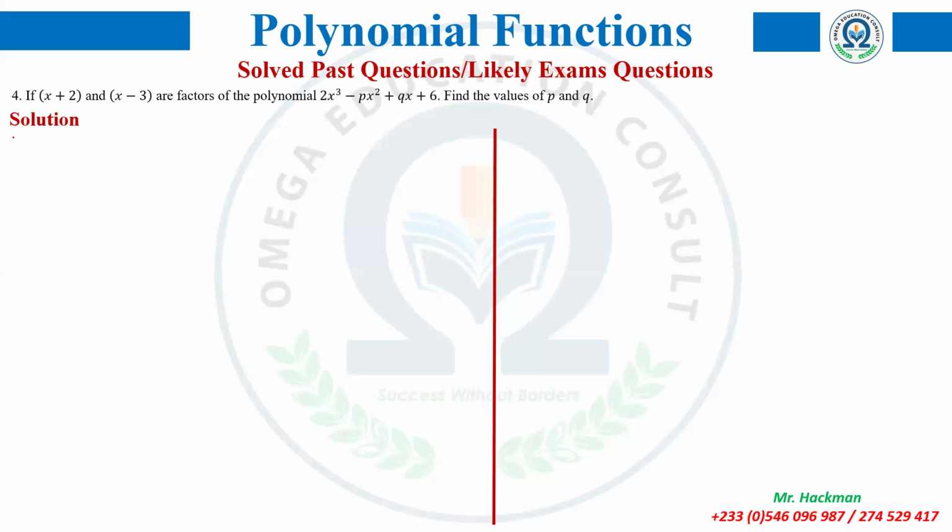So we write, let your polynomial be f of x, which will be equal to 2x cubed minus px squared plus qx plus 6. Sorry, I left the first term, forgive me.